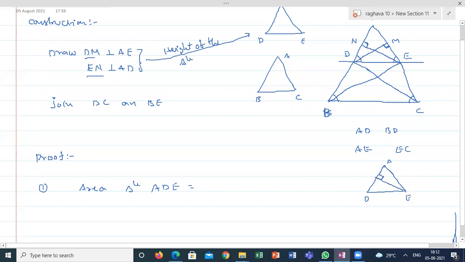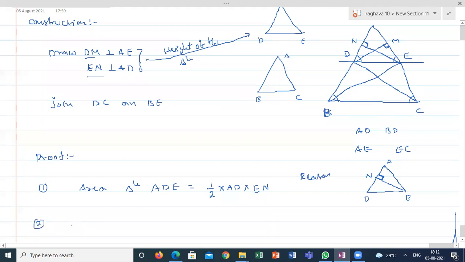A line perpendicular and passing through the opposite vertex will become a height. So with respect to base AD, EN is the height. The area will be half into the base AD and height EN. The reason is the area of the triangle formula.